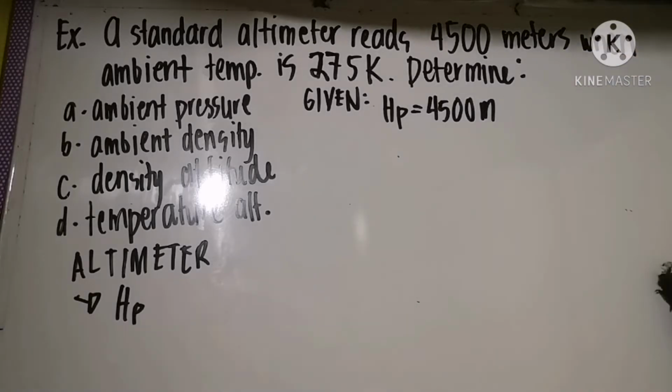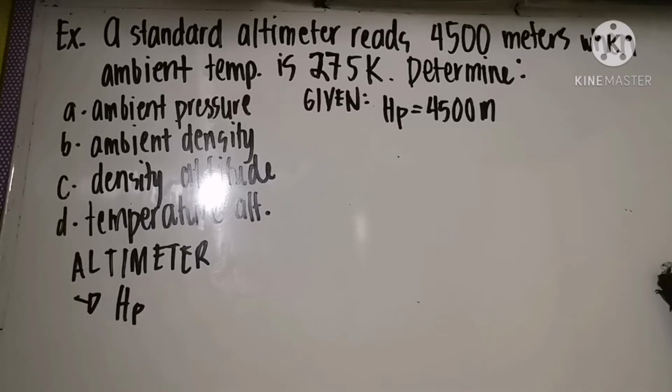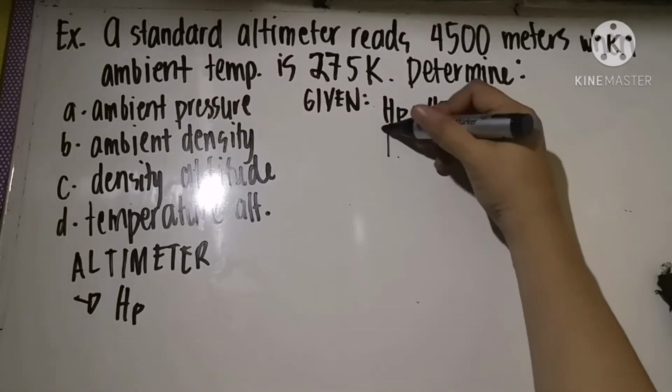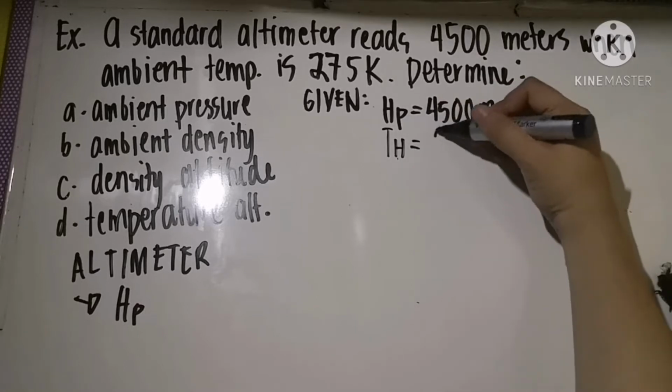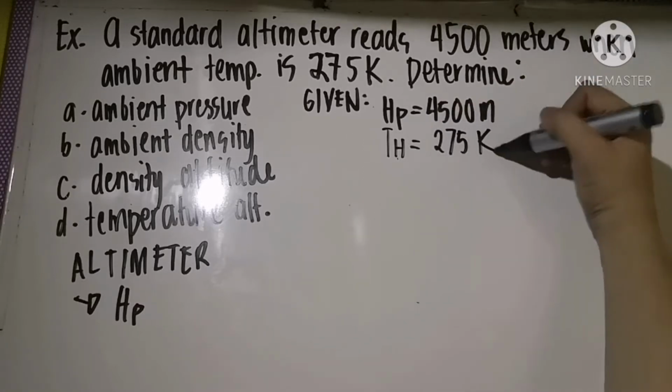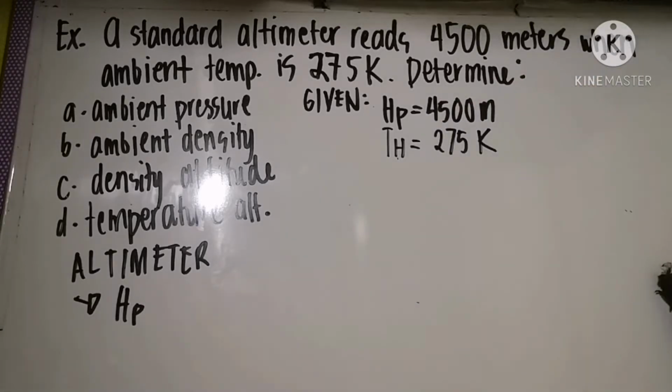Next. Tapos, dun sa pressure altitude na yun, ang ambient temperature daw ay 275 Kelvin. Ambient temperature is denoted as TH. So, 275 Kelvin. Marami tayo ngayong required.